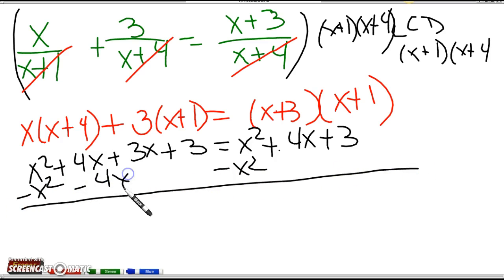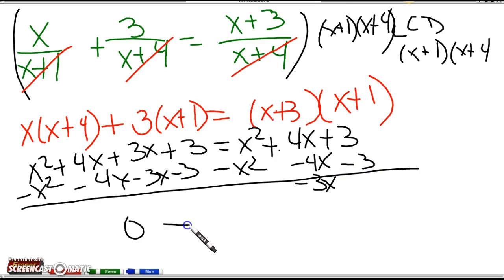Subtract 4x. Oops, I forgot to combine these. I should have combined them first. So we'll just subtract 3x in here too. Subtract 3. So 0 equals negative 3x. So x equals 0.